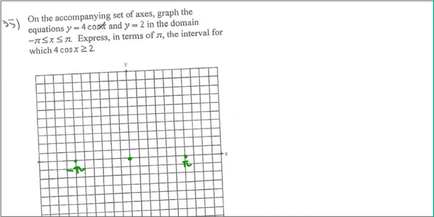Then 4 cosine of x is going to go up as high as 4 and as low as negative 4. Now, since the graph goes this way, let's assume that each 2 units is 1. So we're going to have 4 up to here, and it's going to go down all the way this way. And then at pi it will be negative 4.